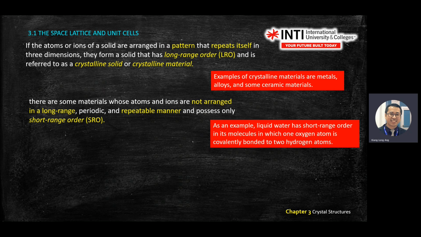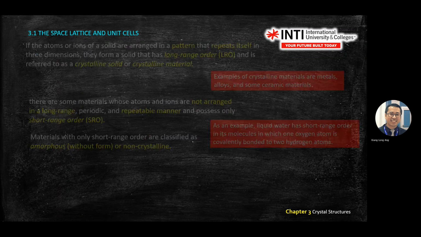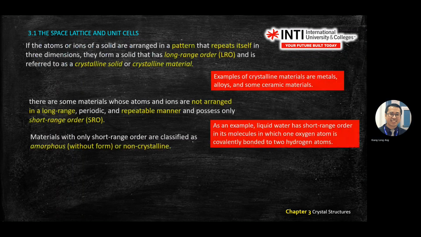Although water is H2O, H2O, the molecules are separate, molecule and molecule. So that's the definition of crystalline structure. When you talk about crystalline material, it means you have a certain pattern and it can repeat. It's like Lego bricks.